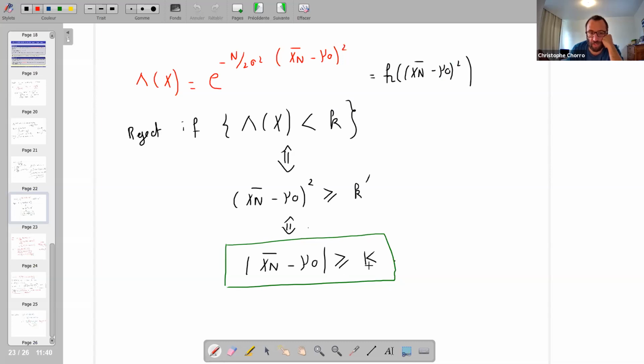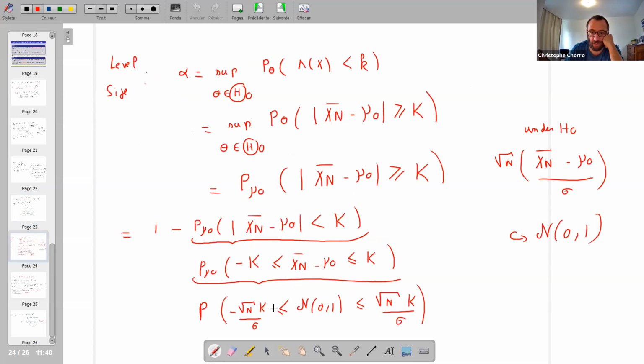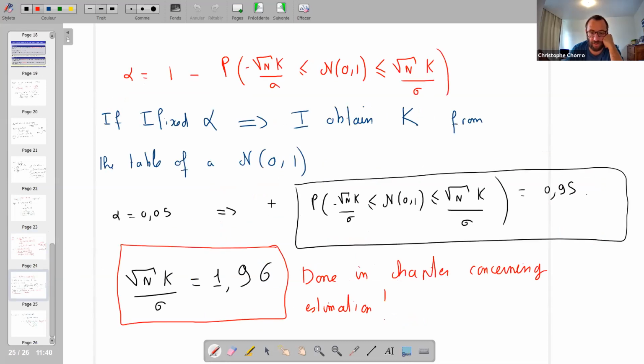I can fix the k by fixing the level this way, and it's a little computation I have done in the case of finding a confidence interval for the mean of a Gaussian when the variance is known. So I obtain for k this relation in order to obtain k concretely if I want a test of level 0.05, that is 5%.